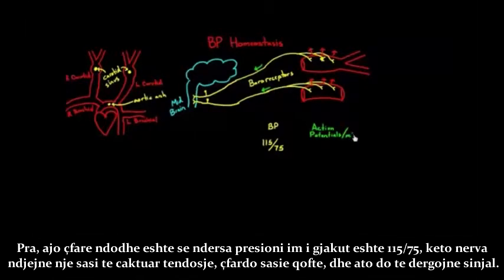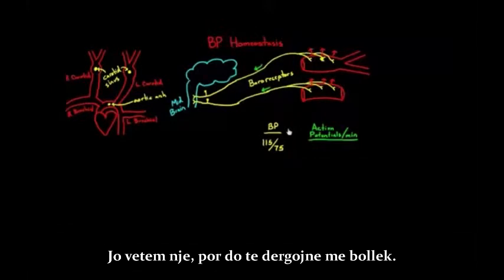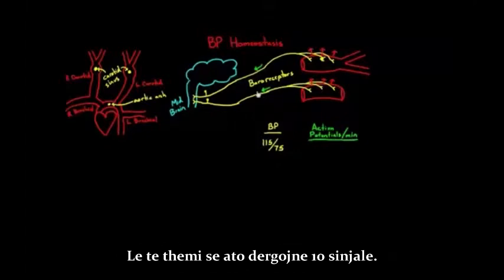So what happens is that as my blood pressure is 115/75, those nerves are feeling a certain amount of stretch, whatever that amount is. And they're going to send a signal, not just one, but they're going to send a handful. So let's say they send 10 signals. I'm going to draw them out here.